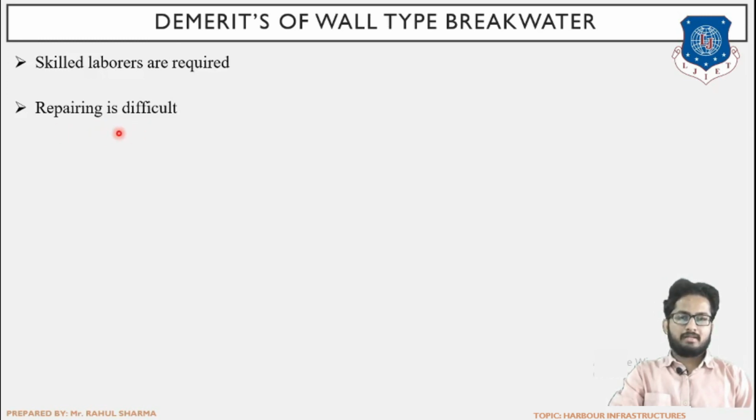So repairing the masonry construction in this situation will be a tough task as compared to replacing the rubbles or stones in the mount type breakwater. Requires a firm foundation, also this point has been already discussed.